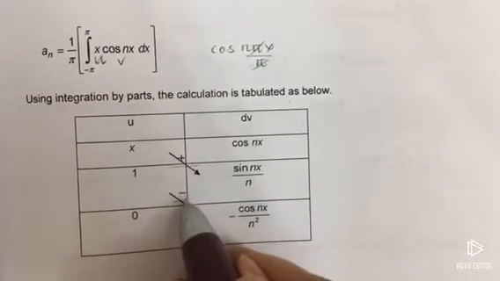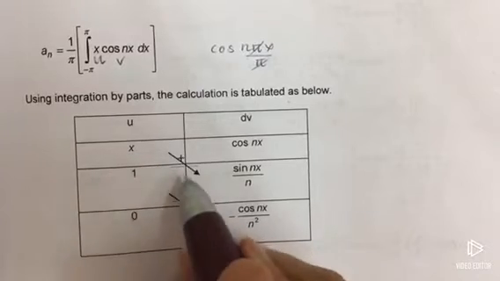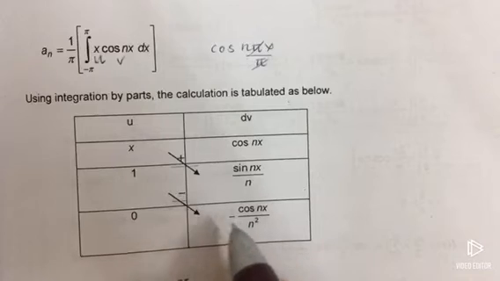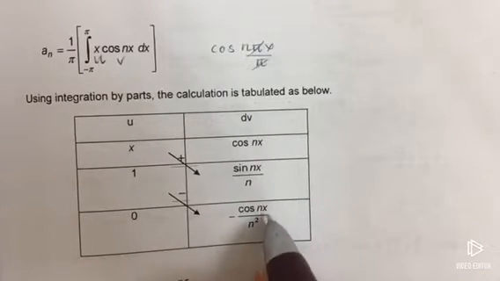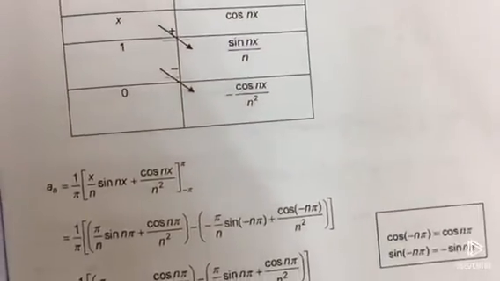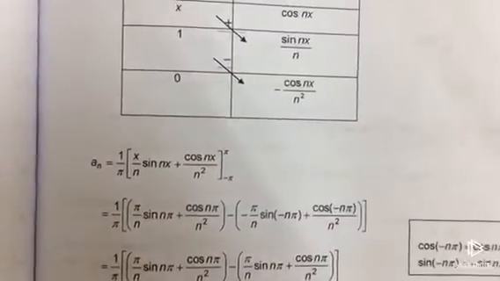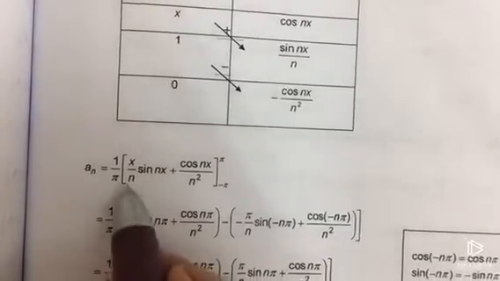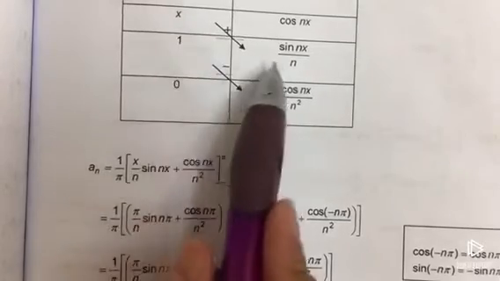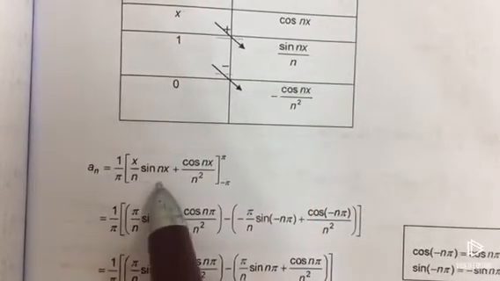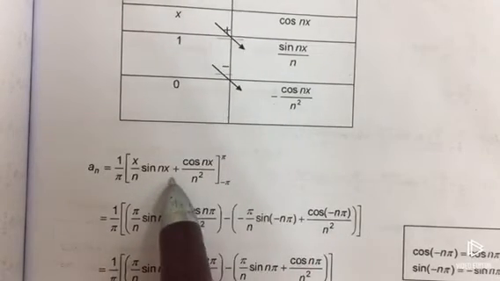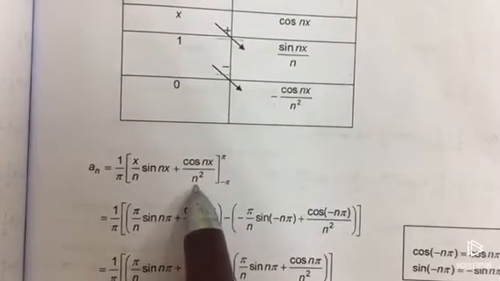Put positive, negative, then multiply: x times positive times this one, plus 1 times negative. We get the answer for the integration equal to x sin nx over n plus cos nx over n squared.